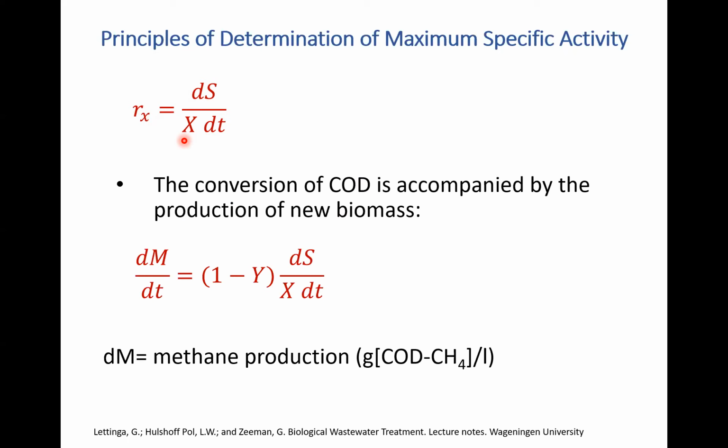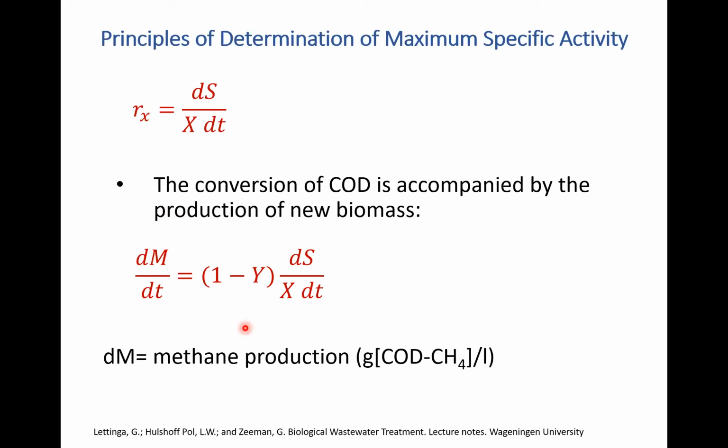The conversion of COD is, of course, accompanied by the production of new biomass. This is why we have yield here. If we would like to measure the specific activity based on the methane produced, we would need to have a yield, but this yield is very small and can maybe be negligible. It can be only 2% of the COD converted to methane.